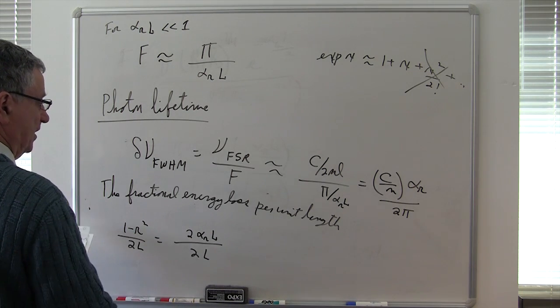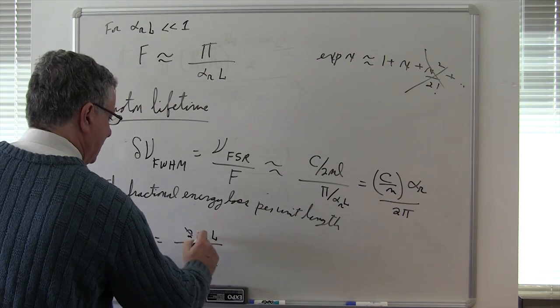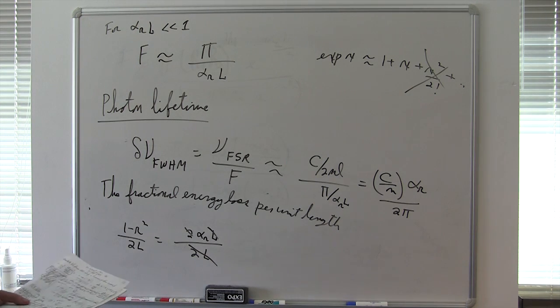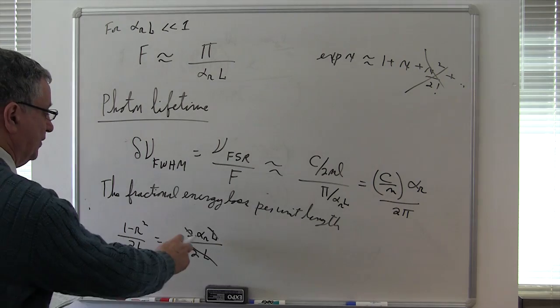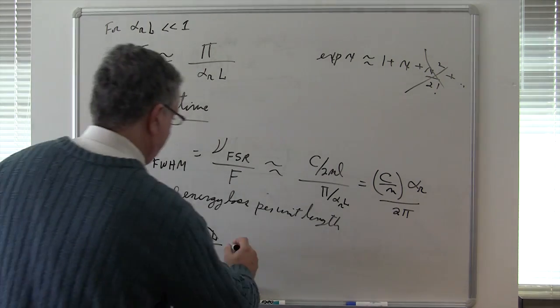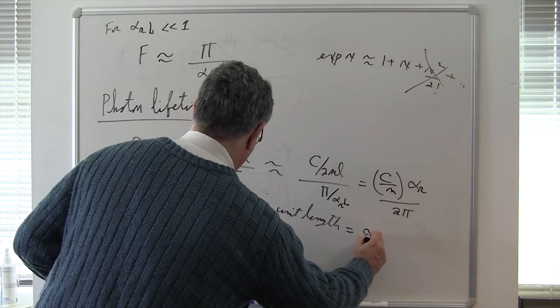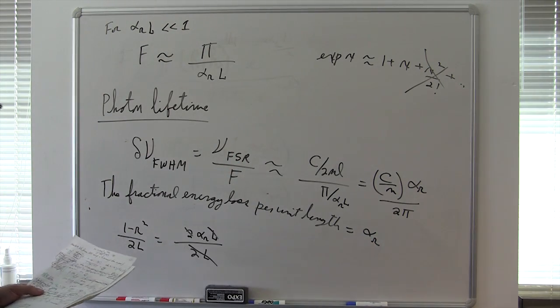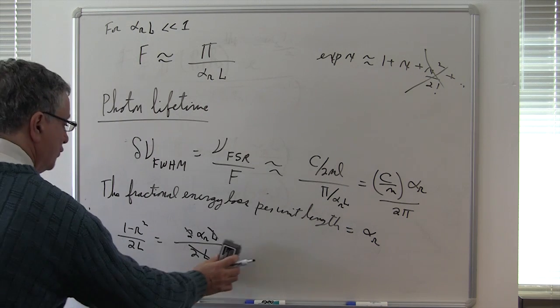Then the fractional energy loss per unit length is given just by alpha R. So the fractional energy loss per unit length is in fact equal to alpha R. Now you can write, so I'm going to erase this to make some room.